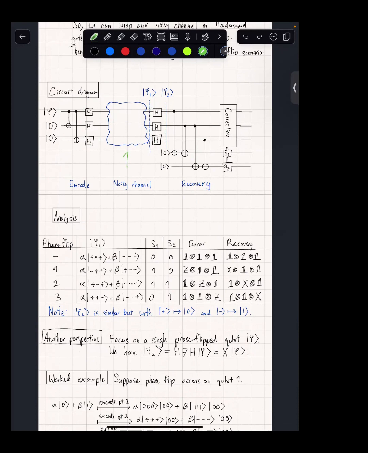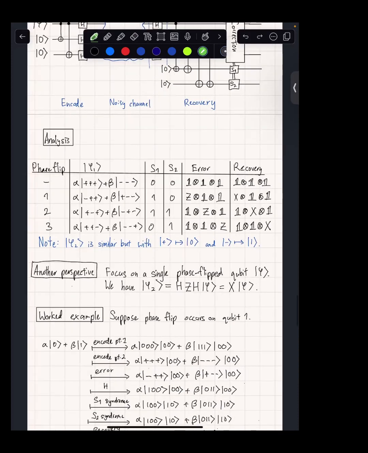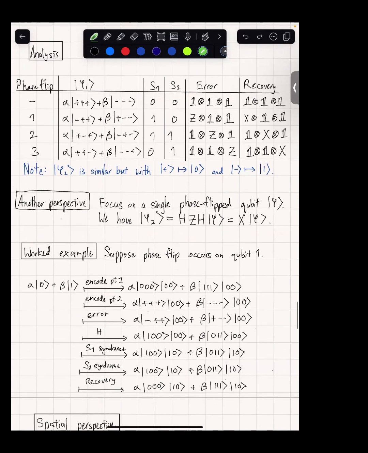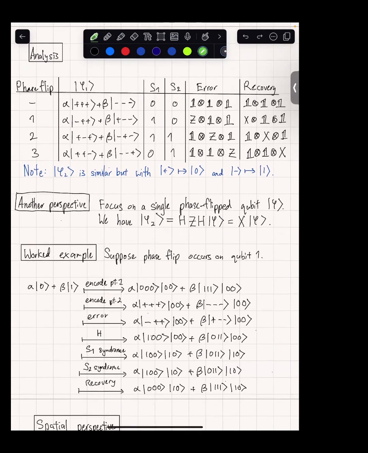So within the noisy channel, we get a phase flip, but outside the noisy channel, like after the Hadamard gates, we would simply view it as a bit flip. That means that our recovery will also be a bit flip. So that's the worked example.